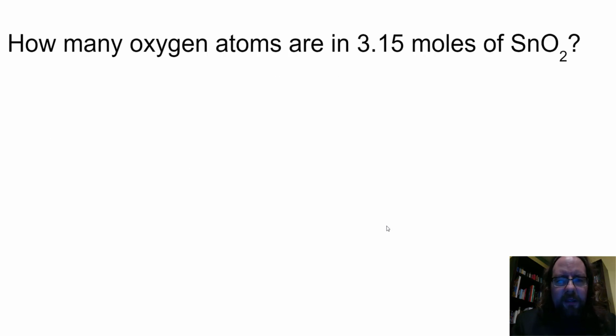Now something a little different still. So now this says how many oxygen atoms are in 3.15 moles of tin(IV) oxide, or if you just want to say tin oxide for now, that's fine. Here we're going from moles to particles.